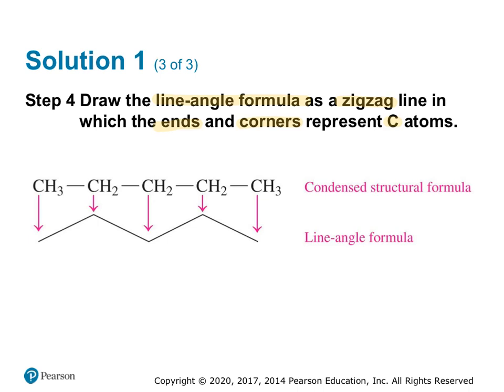We just represent, so this end represents carbon number 1, this angle represents carbon number 2, this angle represents carbon number 3, this angle carbon number 4, and this end then carbon number 5. So this would be considered the line angle formula.